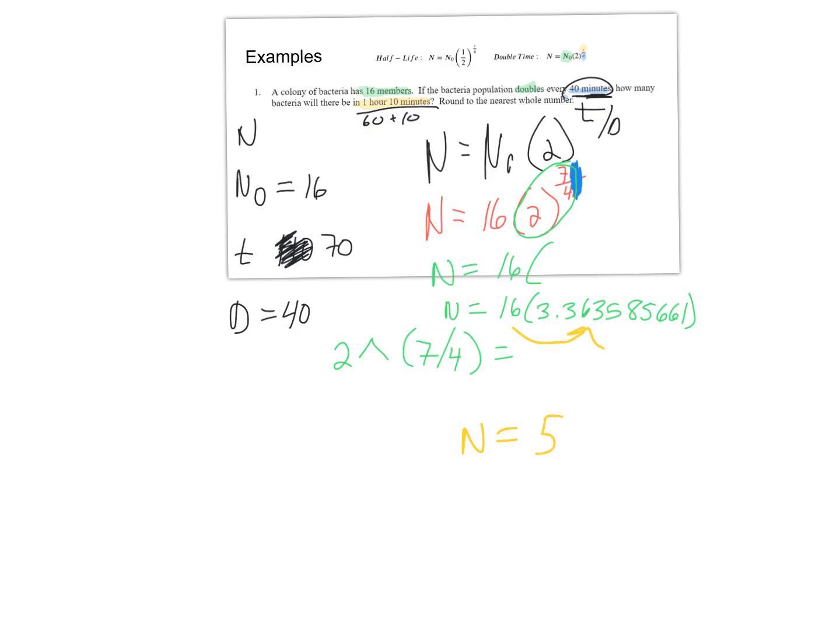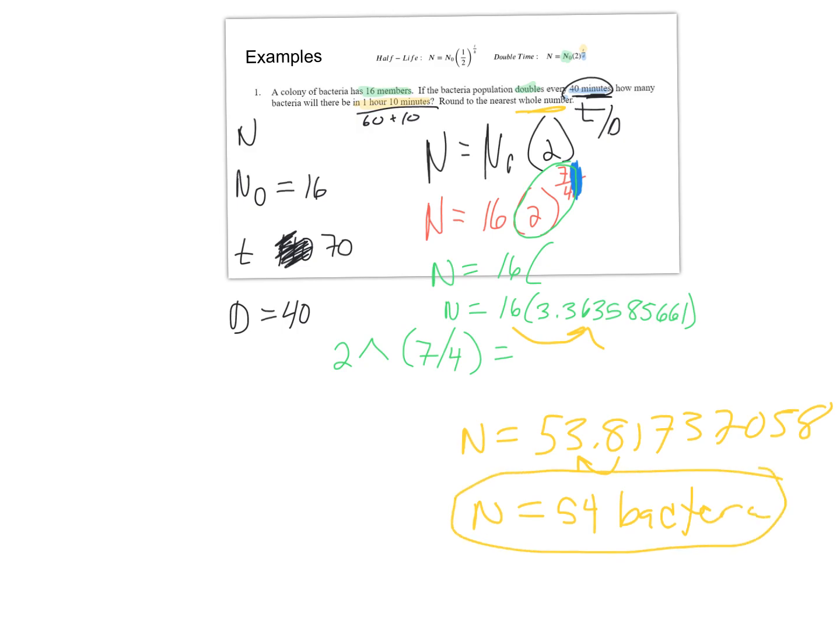So I get 53.81737058. Now the directions said round to the nearest whole number, so we're going to round this to 54. That means there were 54 bacteria in this colony after an hour and 10 minutes. Pretty simple. All right, let's move to the next one.